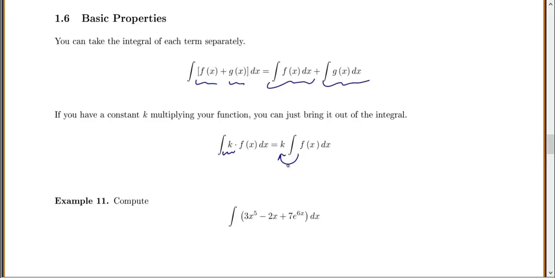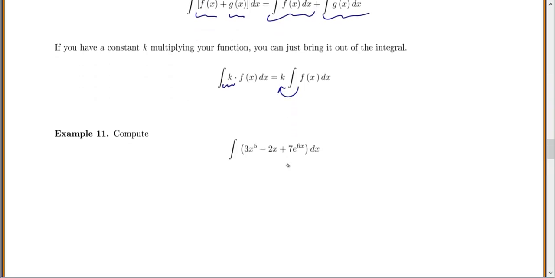So with all of those rules in mind, let's try this example. Okay, we want to take the integral of 3x to the 5th minus 2x plus 7e to the 6x. Okay. So I'm going to rewrite this. I could do the integral of 3x to the 5th.